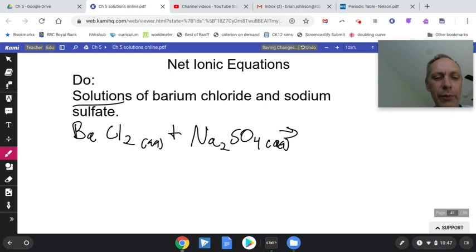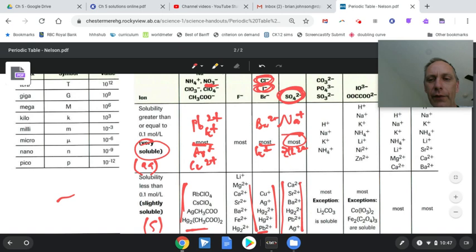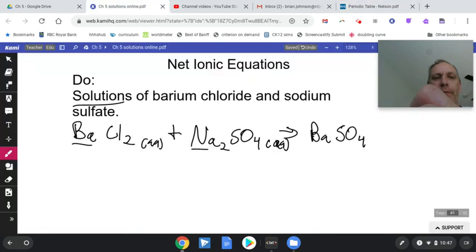You can see how we're using solubilities on every single one of these. Okay, double replacement, metals trade places. Barium goes with the sulfate. 2+, 2-, it's balanced. Solubility, sulfate is here, and barium is not in this list, so it's up here. Ba2+.